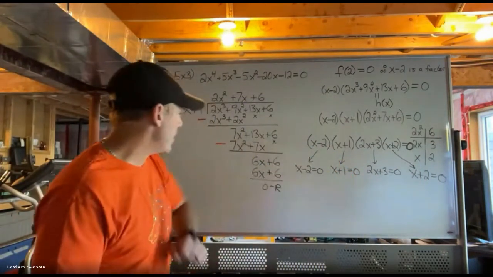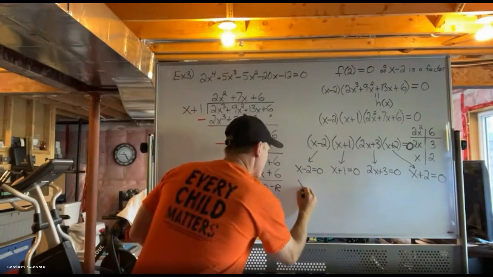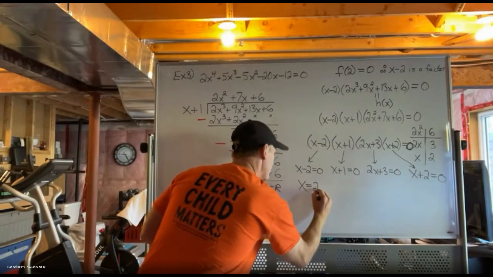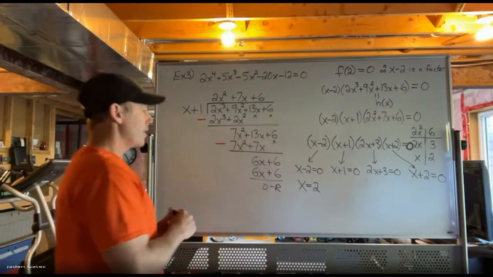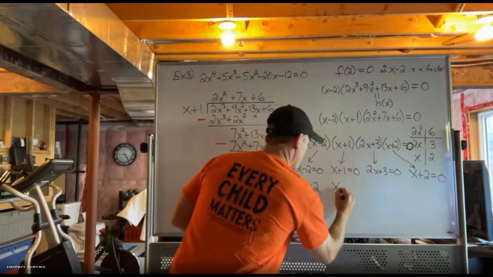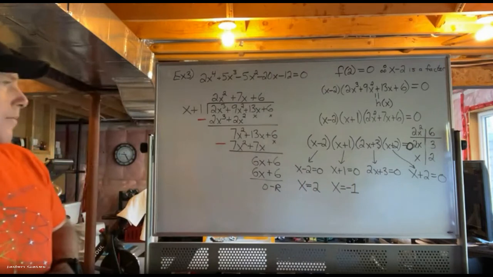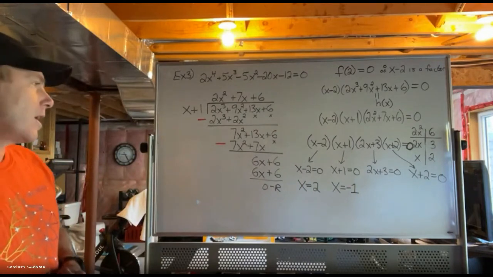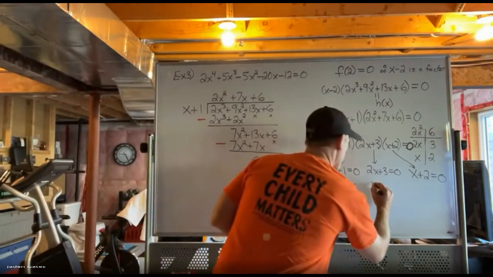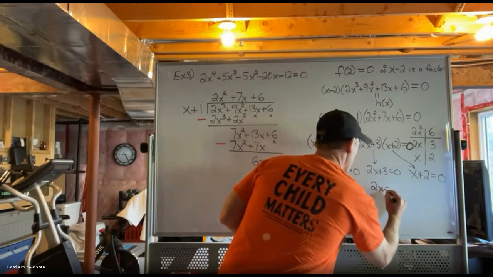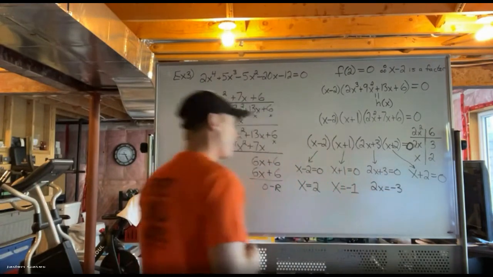In the first one here, I bring the negative 2 over to the other side. x equals 2. Bring the 1 over to the other side. I get x equals negative 1. The third one is going to take a little bit more work. Bring the 3 over to the other side. So I have 2x is equal to negative 3.